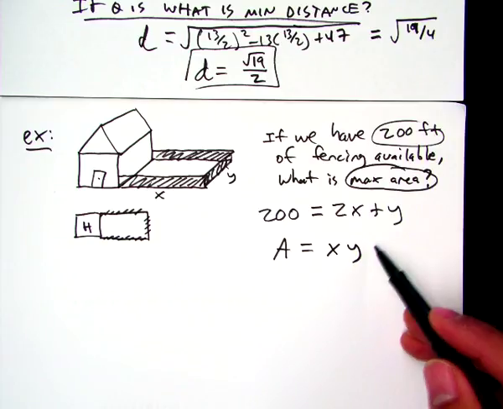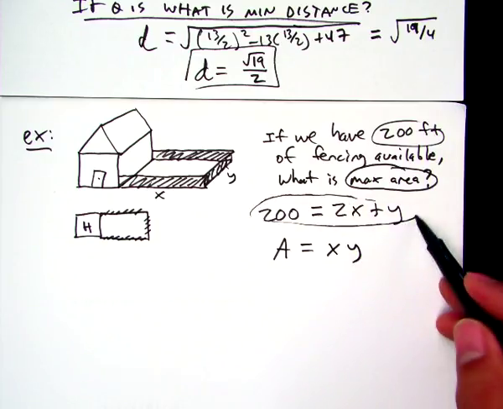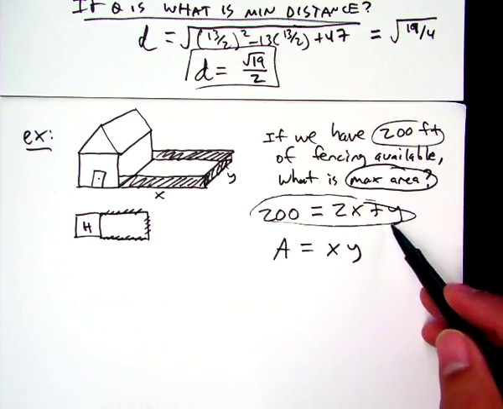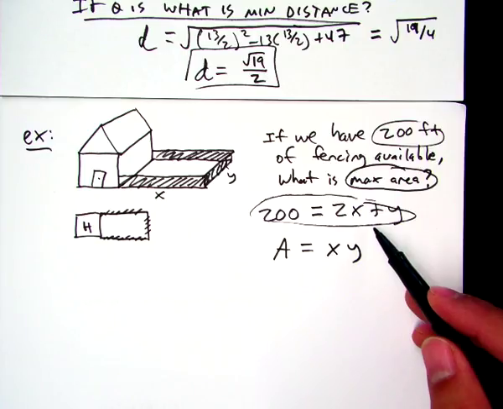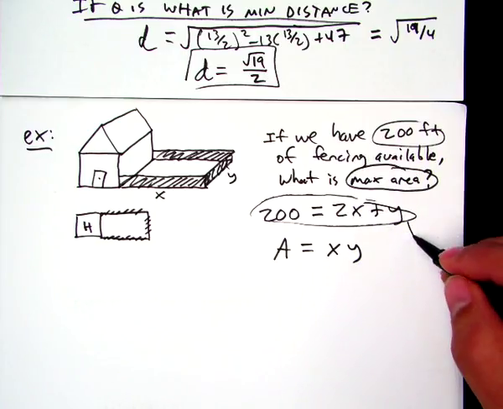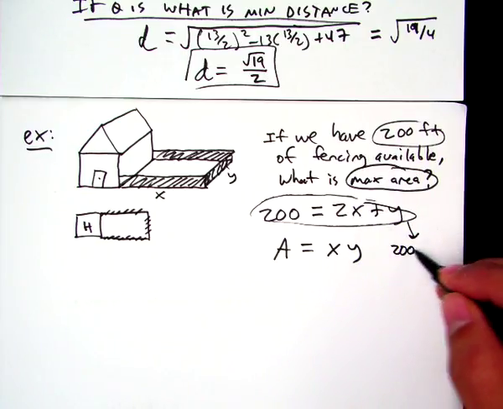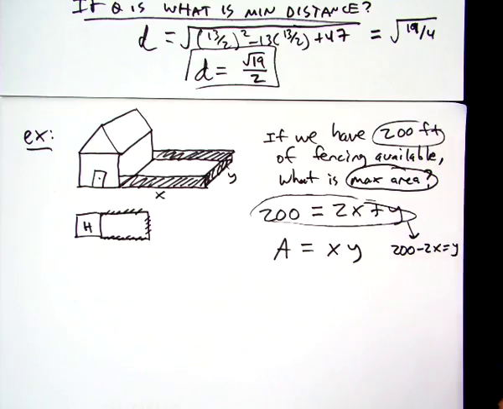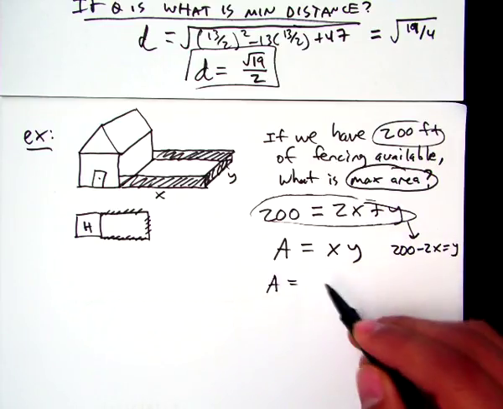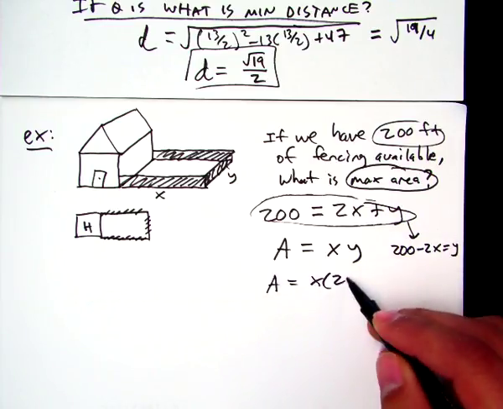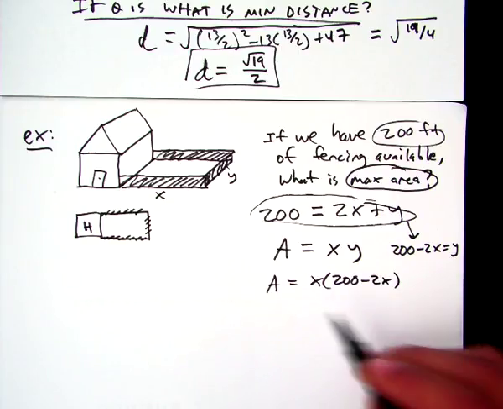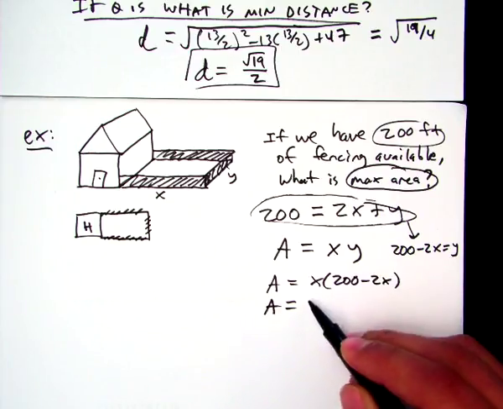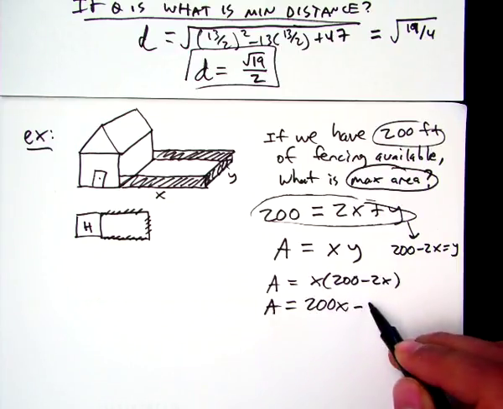What could I do up here? Subtract sounds better. 200 minus 2x will equal y. And then, now you can take that, plug it into y. So area is going to be 200x minus 2x squared.